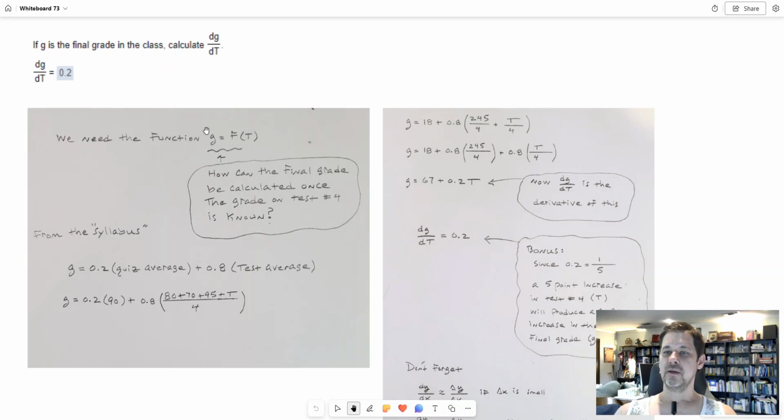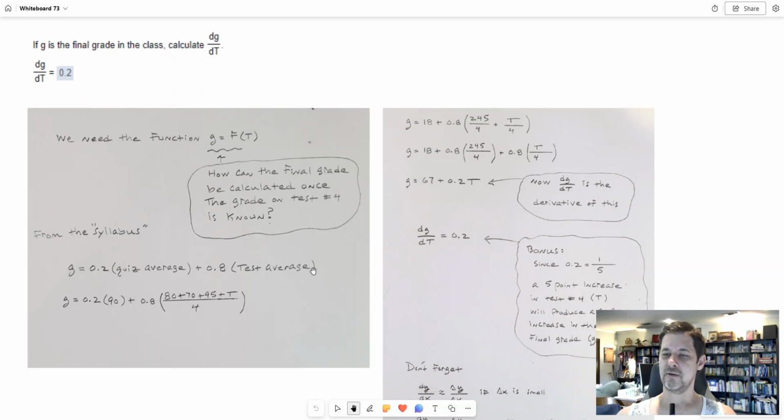It is possible, from reading the syllabus, to put together a formula that would do that. It says quizzes are 20%, tests are 80% by average. So if I take 0.2 times the quiz average and 0.8 times the test average, that will do it. It says the quiz average is 90.